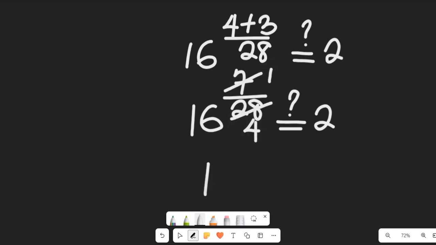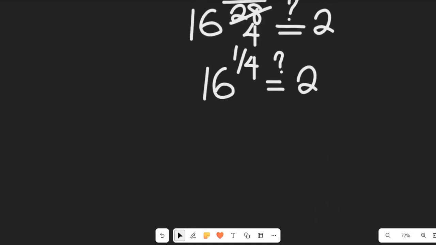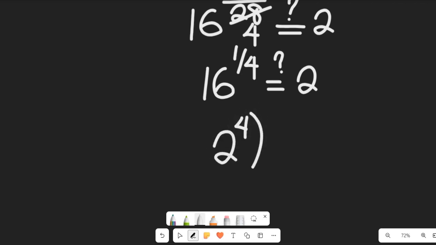So this is going to give us 16 to the power of 1 divided by 4 equal to, will it be equal to 2? Remember, 16 is equal to 2 to the power of 4, right? So we'll have 2 to the power of 4 multiplied by 1 divided by 4. While this 4 can clear this 4, and we'll be left with what? 2 to the power of 1 equal to 2.